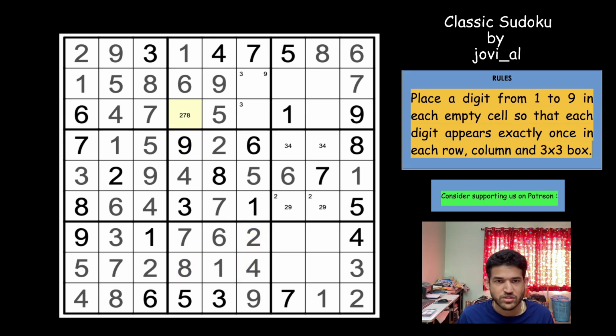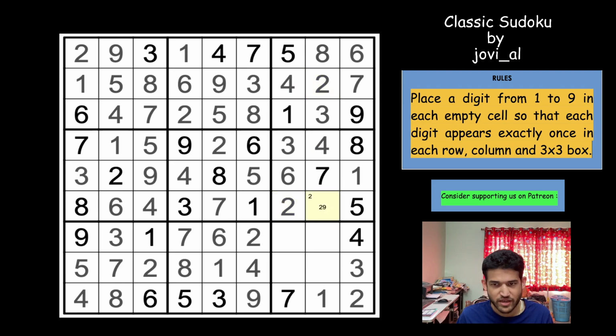This is a 2, 8, 3. So I need 2, 4 here, and this will be a 3, this will be a 4, 2, 9, 4, 7, 9, 2, 3, 8, and 1, and 5, and 6, right? So 6, 5, this will be 9 and 8.